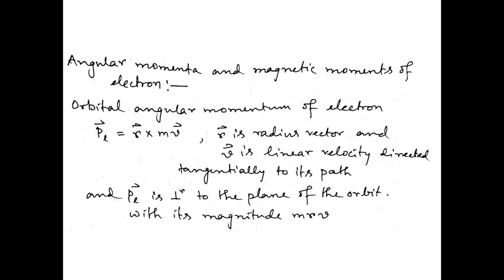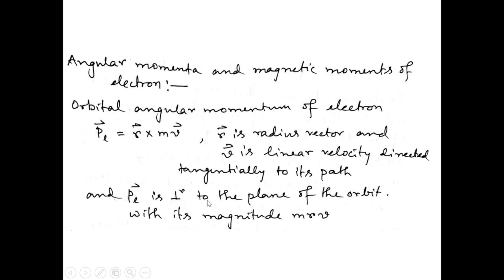Before that, let us see a few things. When an electron revolves through a particular orbit around the nucleus, it will possess angular momentum. And due to that angular momentum, or due to its own motion, a magnetic moment is associated.